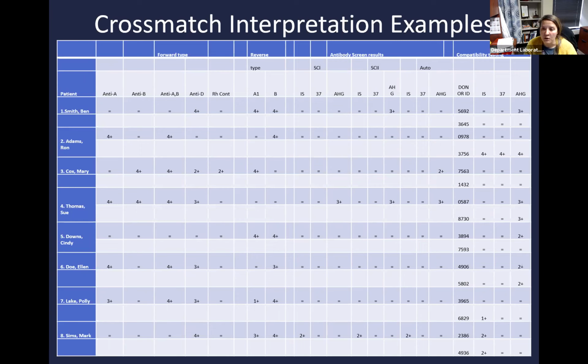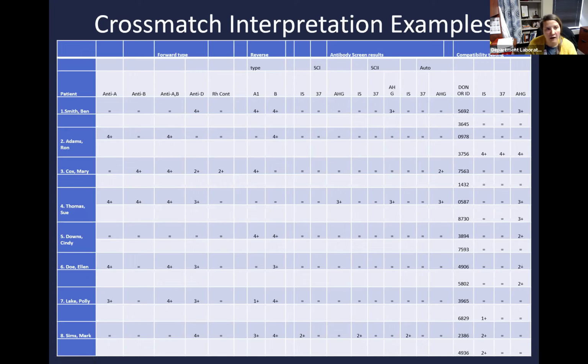All right, so notice the first unit, 5692, is incompatible. We have a positive reaction at the AHG phase of testing. If you notice, it is the same phase of reactivity and the same strength as our reaction with screening cell 2. So unit 5692 is incompatible because the unit is antigen positive for the patient's corresponding antibody, okay?